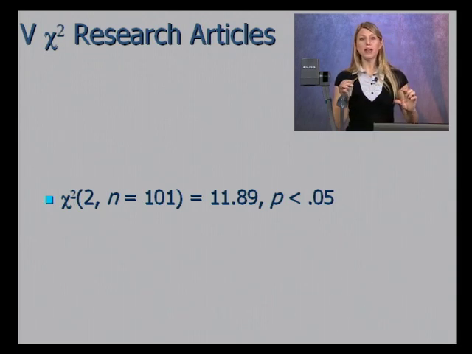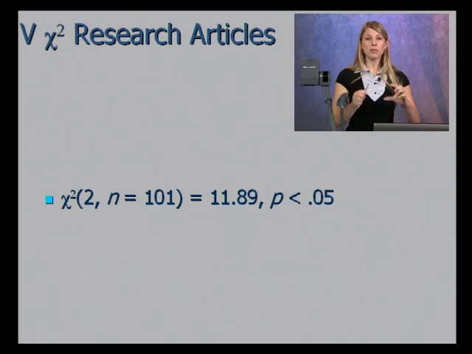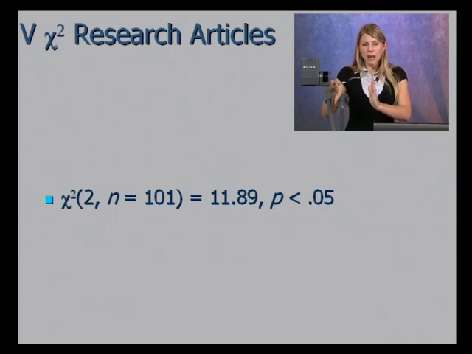Then they compared that 11.89 to the cutoff, and the p is less than 0.05. So if p is less than 0.05, that means that 11.89 was further than the 0.05 cutoff. It cut off less than 5% in that tail.